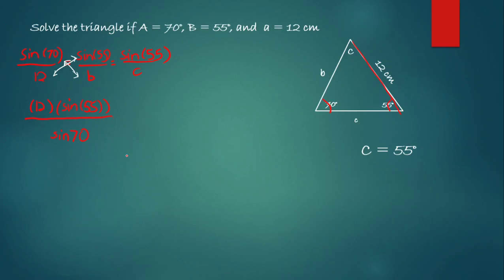So now we are going to use a calculator to solve this, which is 10.460067, and so on. If we round it off to the hundredths, we get B equals 10.46 centimeters.